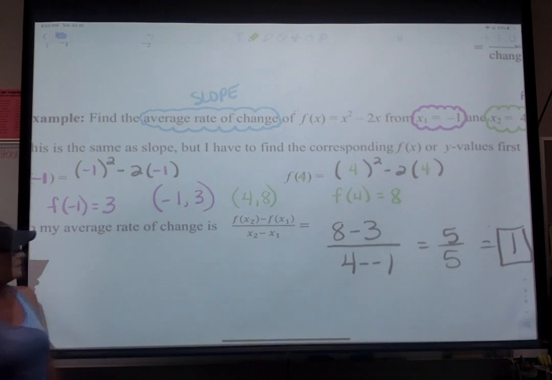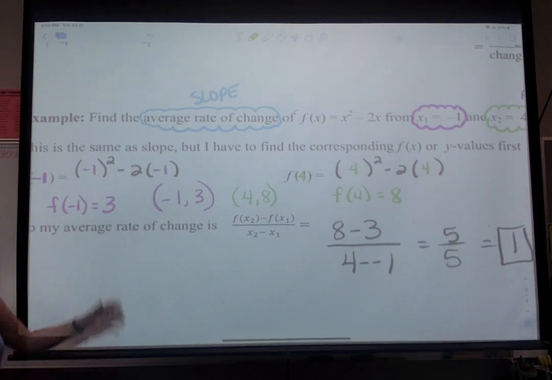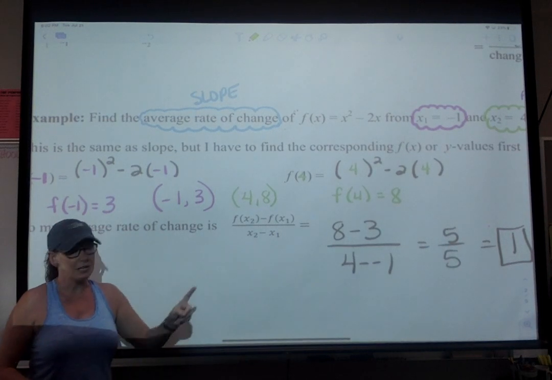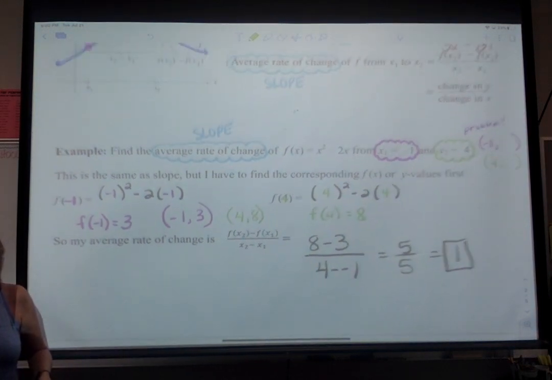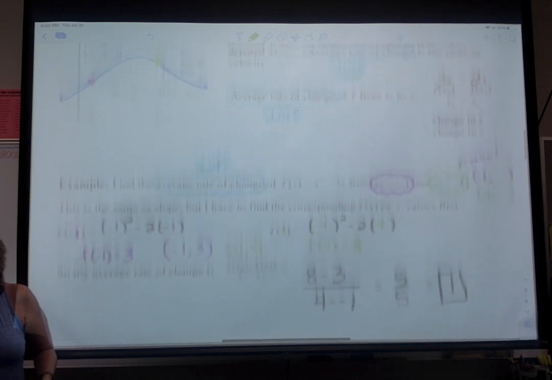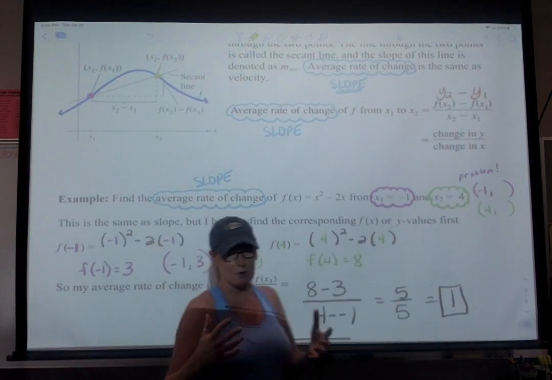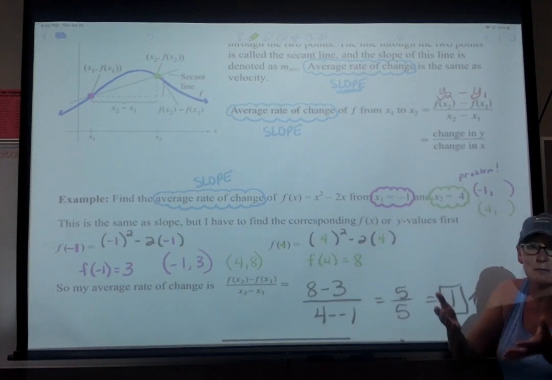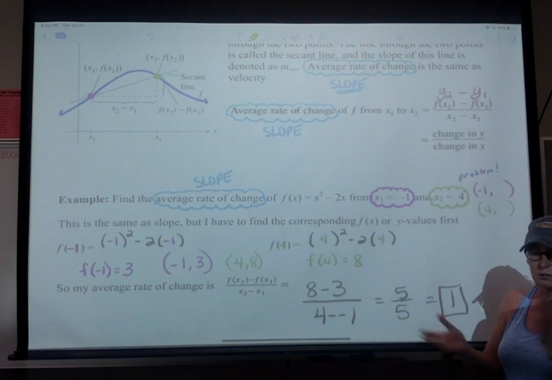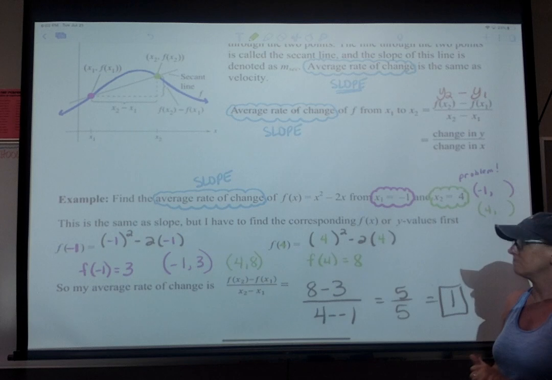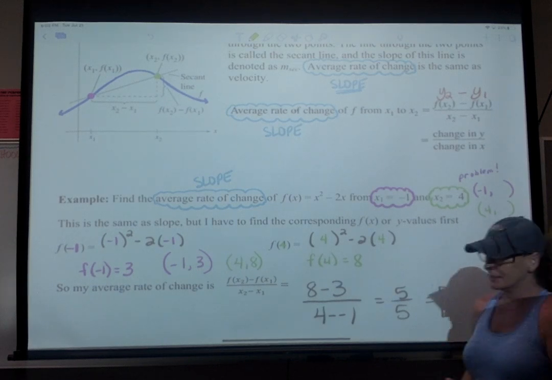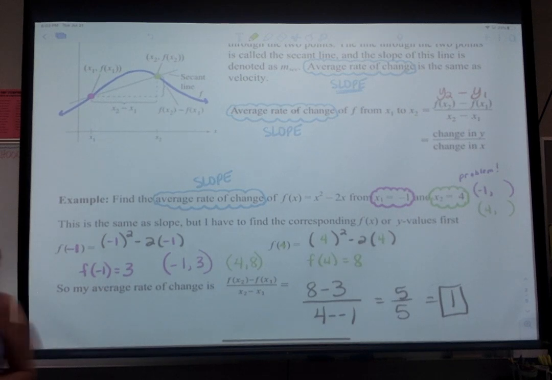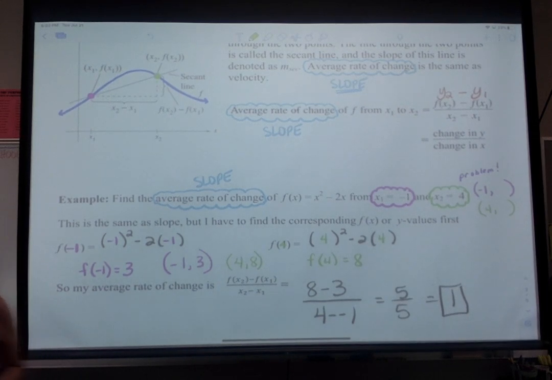Told you it was going to be easy. It's just slope. The only tricky part, and it's just a tiny bit tricky, is I didn't give you your y values. You have to come up with those on your own, which is totally doable. You can do that. Average rate of change is slope. Lock that in your head.